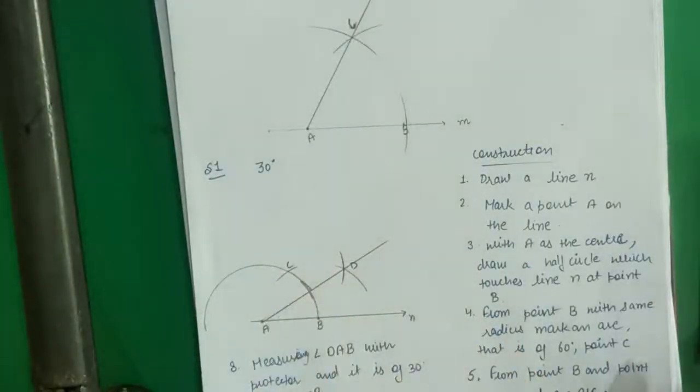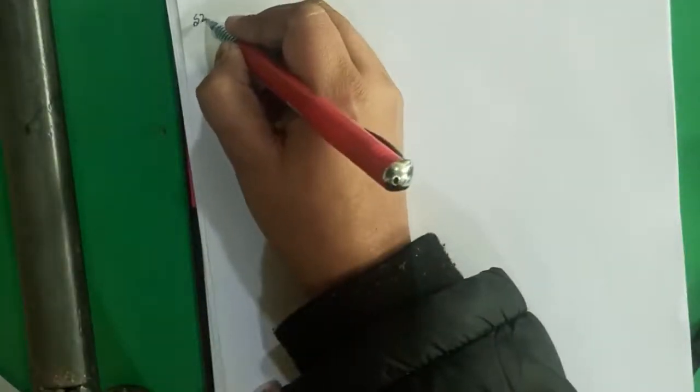If you want, you can draw 60 degree like this also, and you can draw like this also. After this, S2, that is, construct an angle measuring 120 degree and write down the steps of construction.